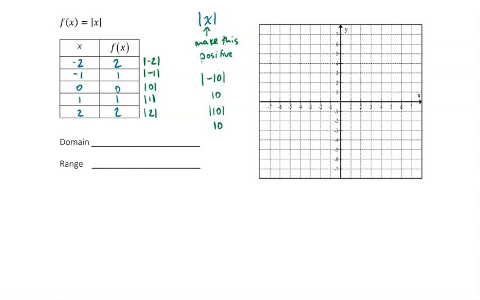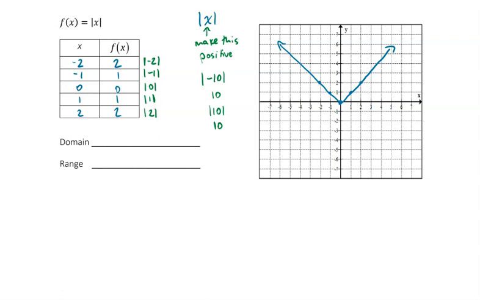All right, let's go ahead and graph these. So -2, 2, -1, 1, 0, 0, 1, 1, 2, 2. Now, this one actually does not curve. Instead, it's two straight lines. One over here, and one coming out to the right.